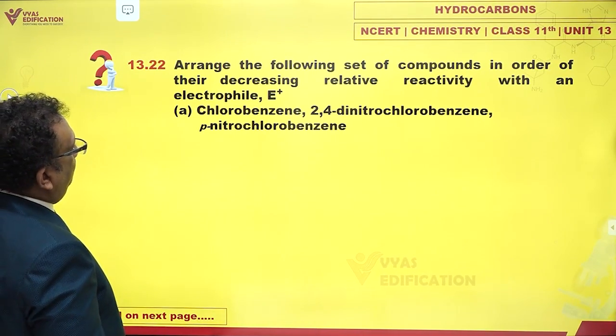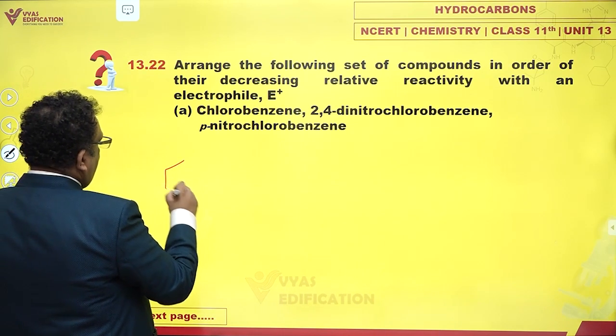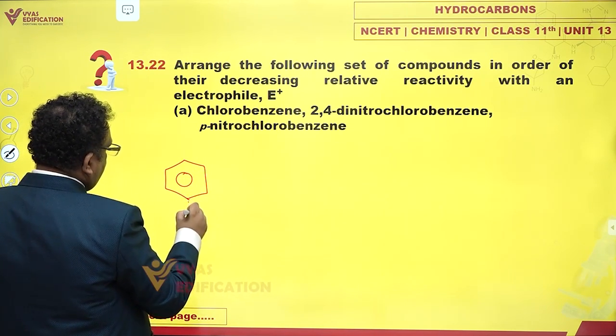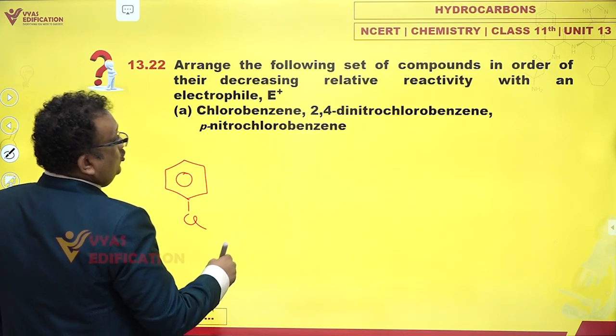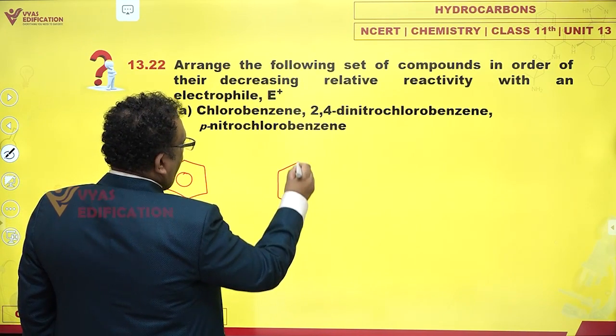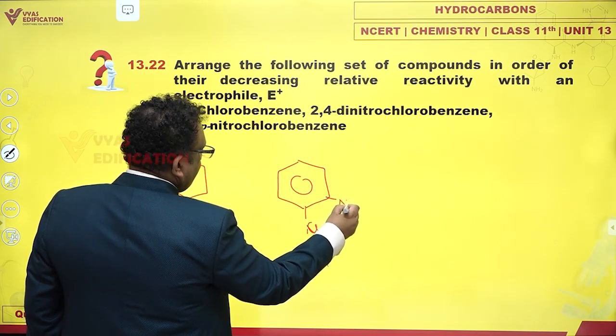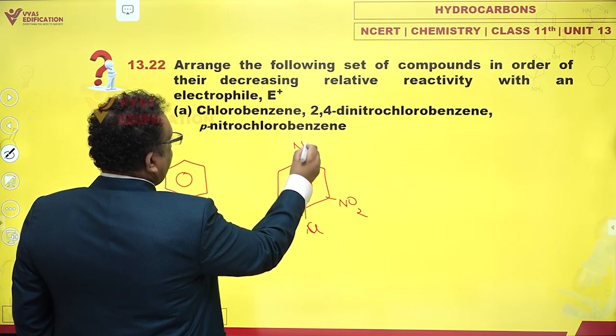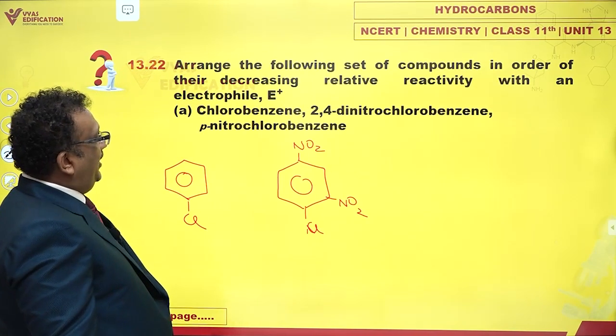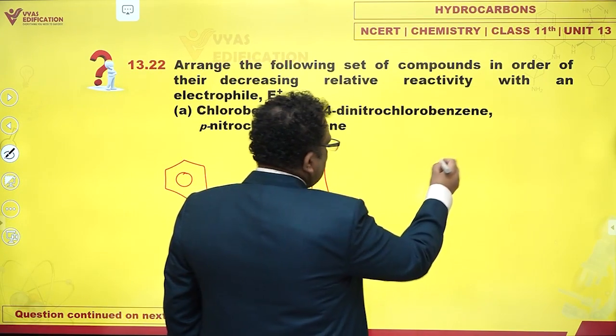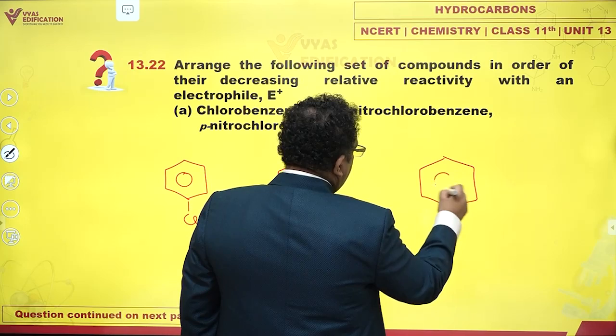We have chlorobenzene, fine. And we have 2,4-dinitrochlorobenzene. Oh my God. And then we have para-nitrochlorobenzene. This is as easy as it gets.